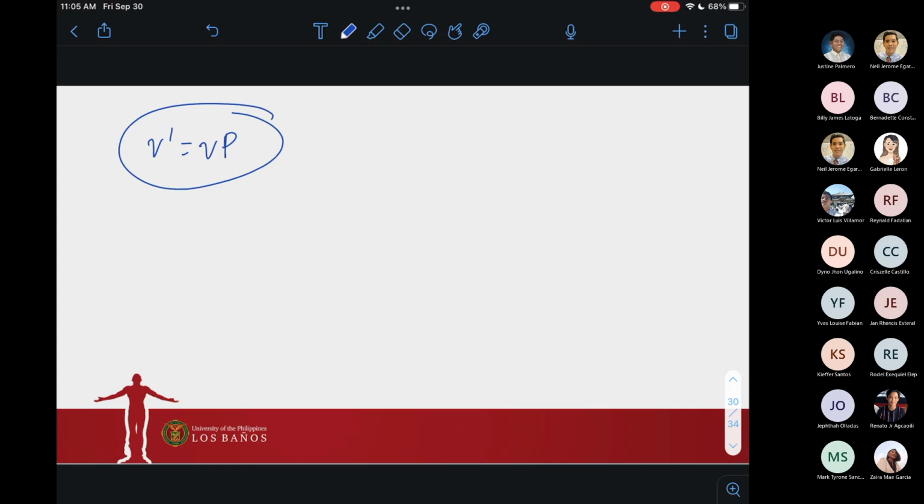Remember, nagsimula tayo sa dy over dx plus py equals q. Now, pag pumili ako ng function v, kahit anong function v, na ang derivative niya ay equal kay vp, pwede ako mag-multiply both sides dito ng v.